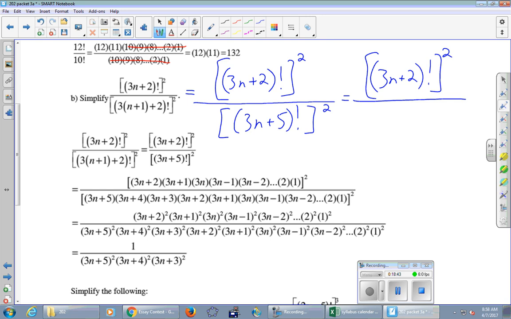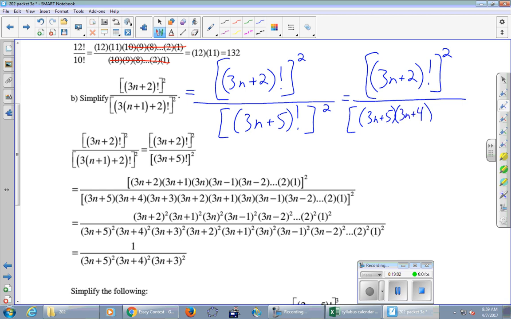And then we're going to write out a few of the factors of the bottom. 3n plus 5 factorial literally means you are taking 3n plus 5 and multiplying it by the next number that's one smaller. What is one smaller than 3n plus 5? It's 3n plus 4. Everybody see it?